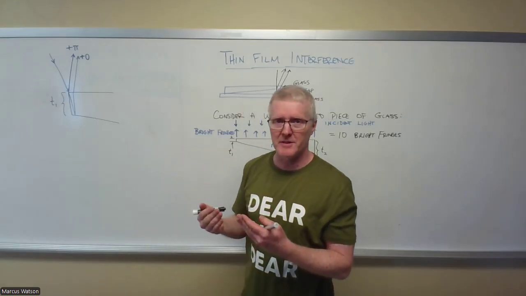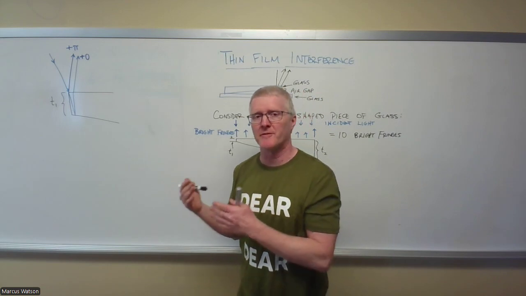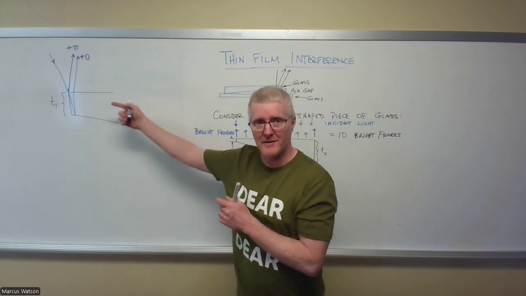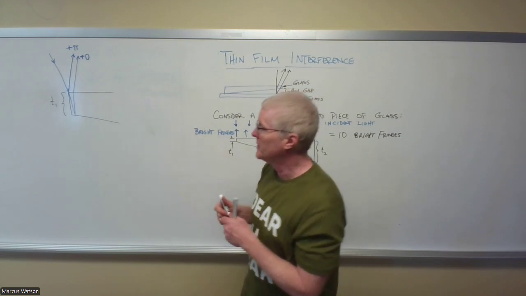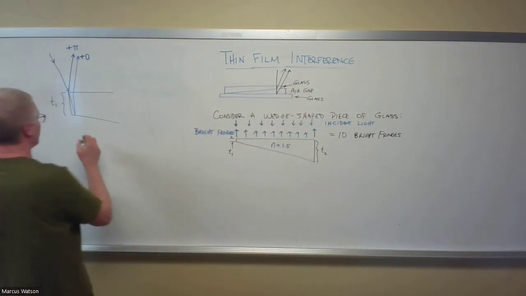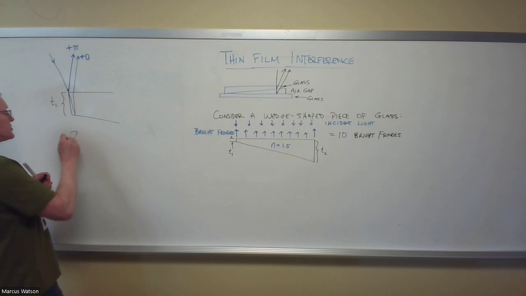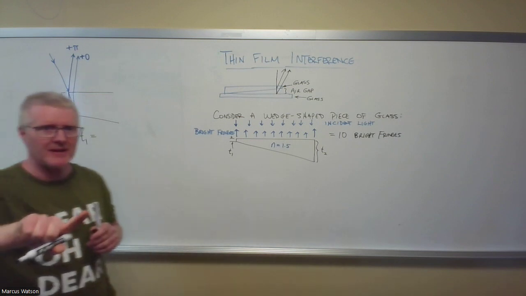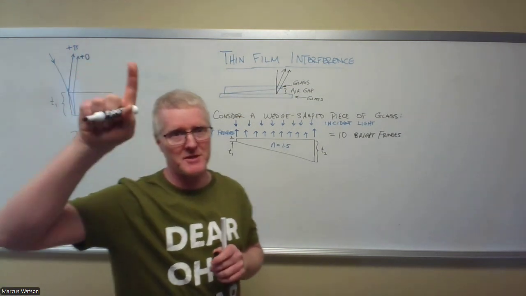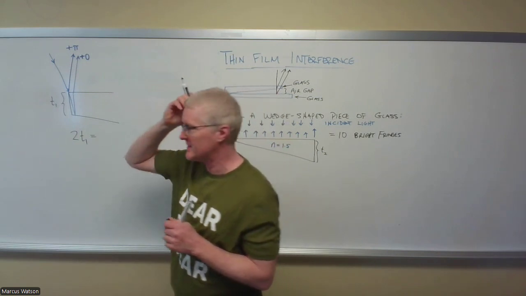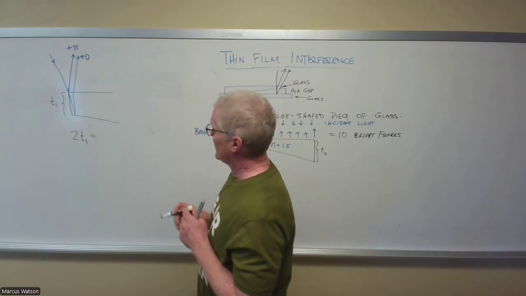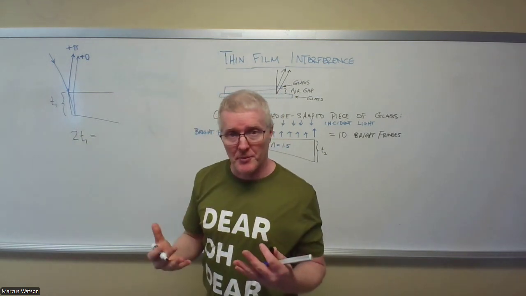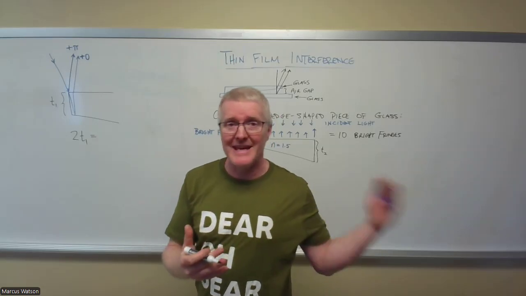Therefore, the thickness of the material must be an integer number of half wavelengths of the wavelength in the material. So I can write this as my path length difference, 2T1, equal to, because it goes in and then it goes out, so my path length difference is twice that thickness. And that has to be an integer multiple of half wavelength inside the material.